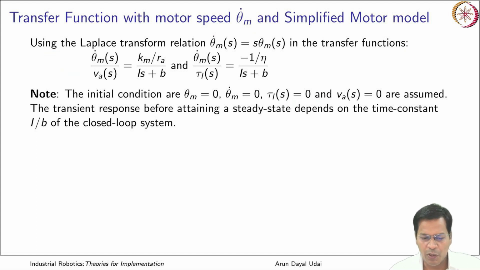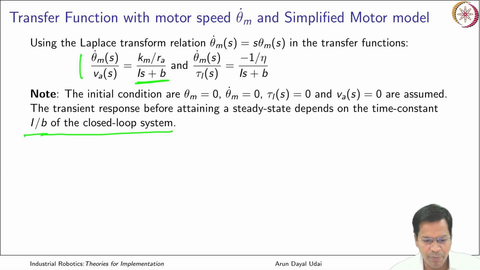So the transient response before attaining steady state depends on the time constant I by B of the closed loop. That is basically the part of the equation over here. That becomes your characteristic equation for this transfer function, that is in the denominator.